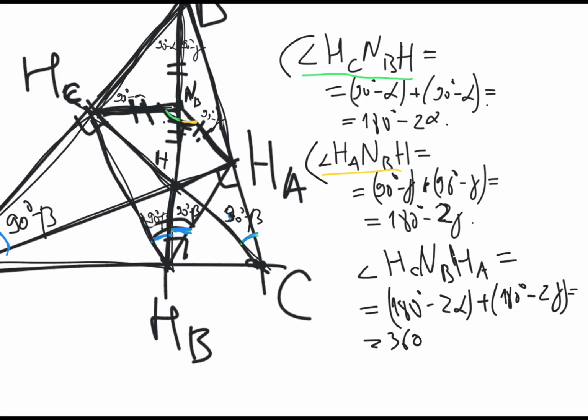It's better to write it this way: it's equal to 2 multiplied by (180 minus alpha minus gamma). And we remember that alpha, beta, and gamma are the angles in the original triangle, so their sum is 180. So 180 minus alpha minus gamma is exactly beta. So this expression is equal to exactly 2 beta.